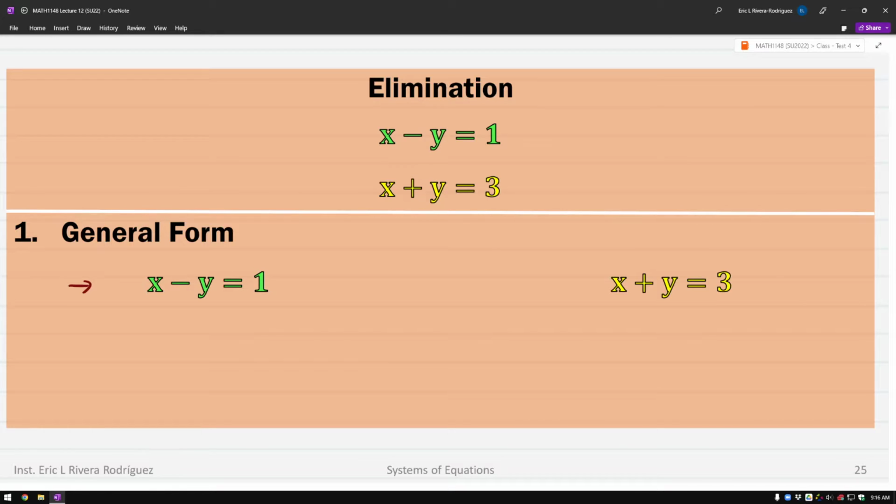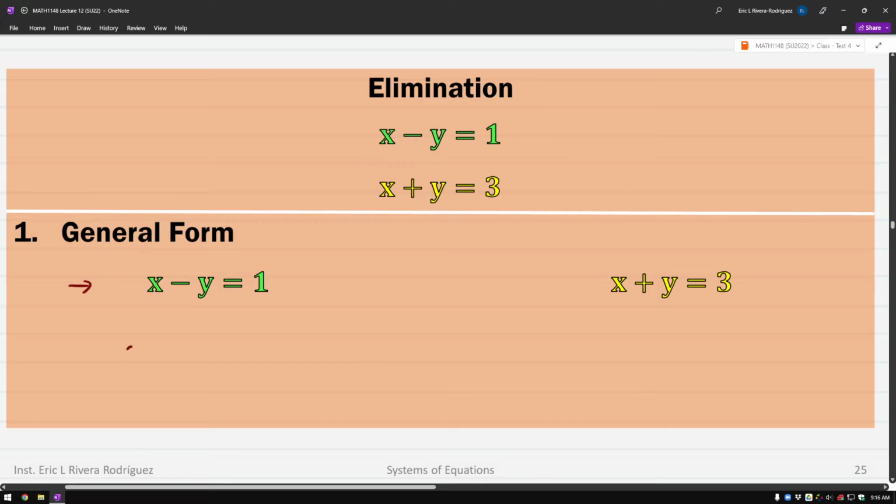No. I'm not looking for the value of the variables. I'm looking for the coefficient, the value that is in front of x. It is 1. Okay, so we have x, we have 1 times x. So we are good there.